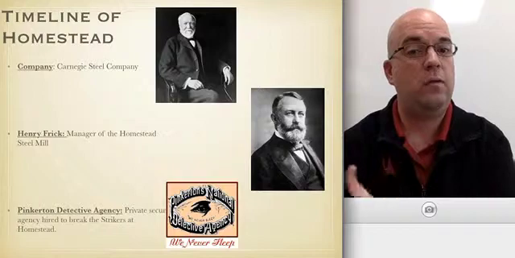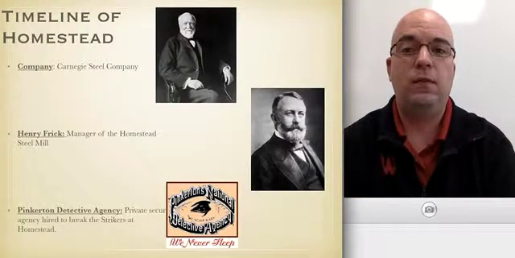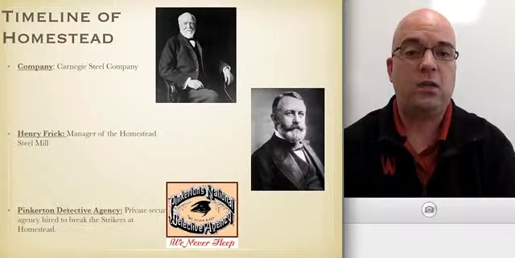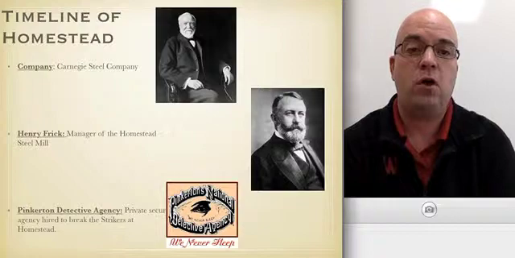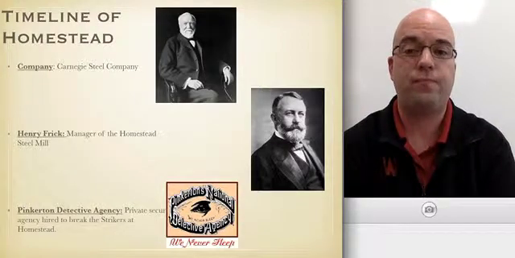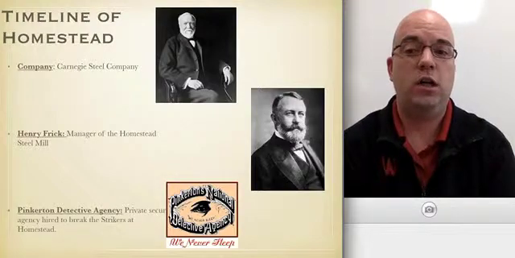His company will later be sold to J.P. Morgan, but that hasn't happened yet. The Homestead Steel Mill was one of his competitors, and it goes out of business because it can't compete with Carnegie. So Carnegie buys the company, and he ends up putting a guy called Henry Frick in charge of the Homestead Steel Mill.